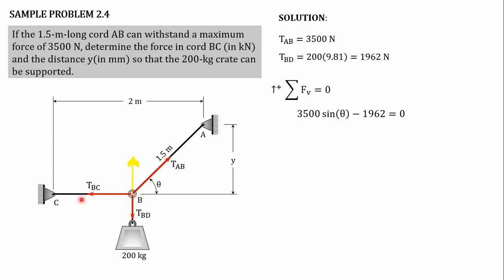Tension BC is purely horizontal, so there is no vertical component, and it is not in our equation. Tension BD is going downward, so it is minus 1,962 Newton. This is our summation of vertical forces, equal to 0.